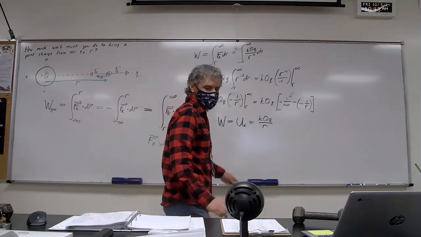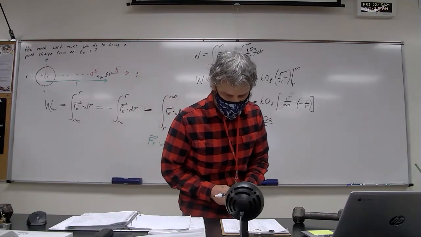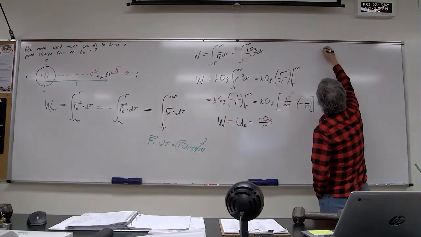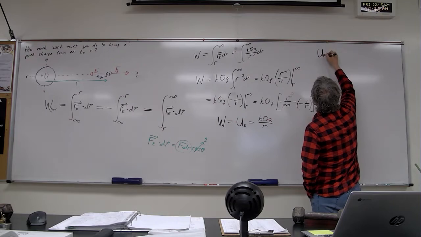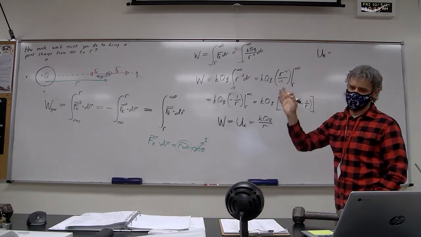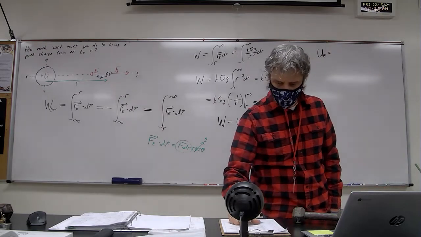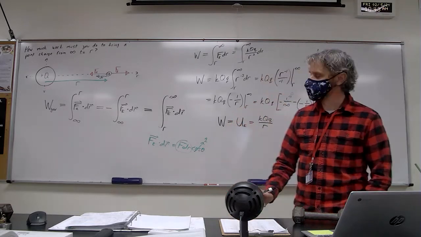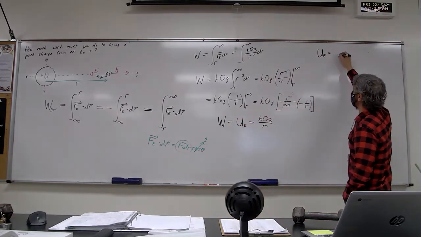Now this could be written, and let me show you how it's written on the formula sheet actually. On the formula sheet it says UE, and we'll talk about this in a second. This is as it's written on the formula sheet.